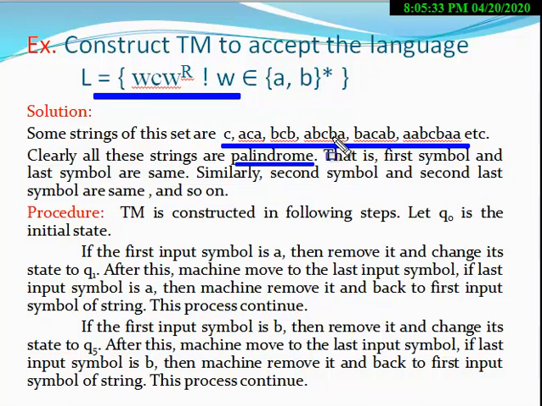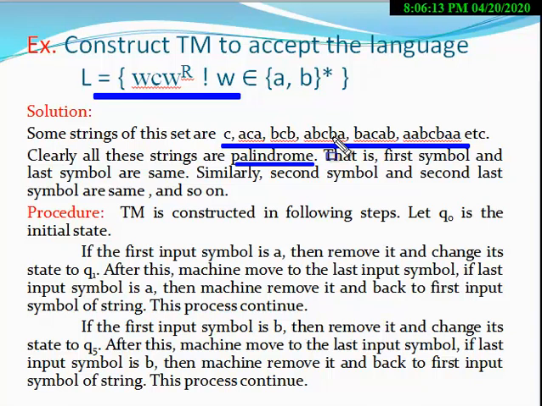The machine will continue its work when the first symbol and last symbol match, the second symbol and second last symbol match, the third symbol and third last symbol match, and so on. If at any stage the symbols do not match, then the machine stops or halts without going into the final state. So you have to pay attention to this point.